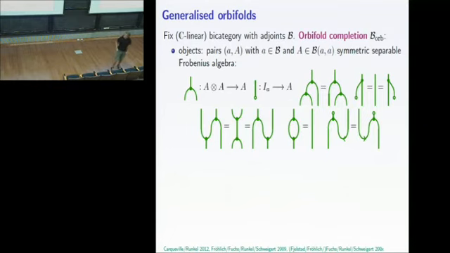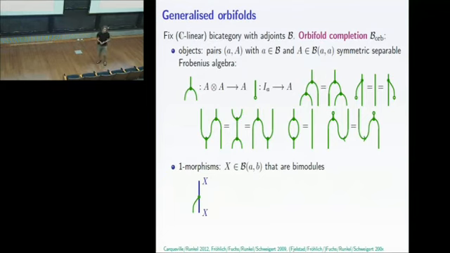Now we know what the objects are in the orbifold completion. What are one morphisms? One morphisms are bimodules. That's to be expected. A bimodule over something on the left-hand side is a map from A to B, a one morphism from A to B, together with an action of the algebra on the left-hand side, which is B in this case, on X, such that the usual left module properties hold.